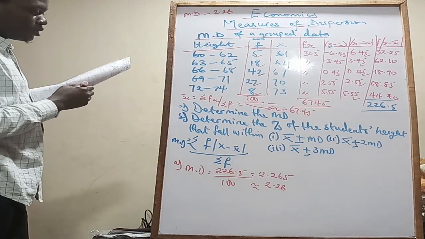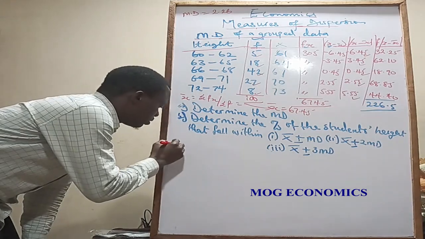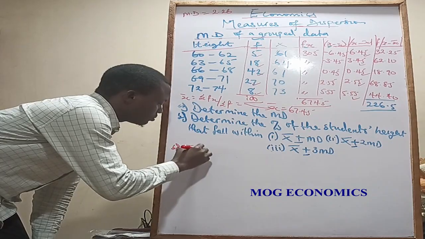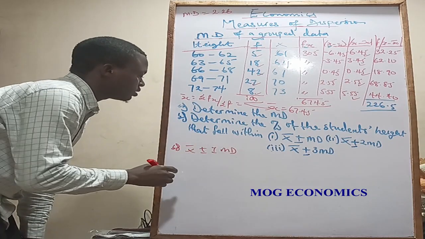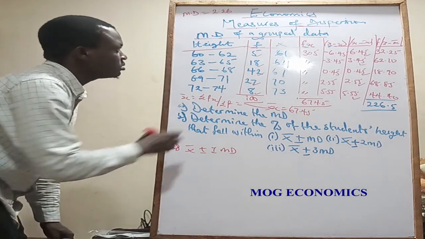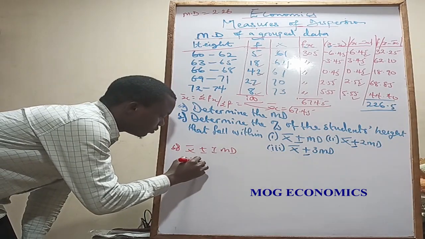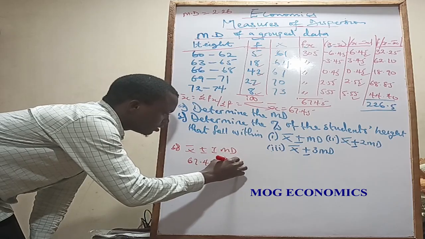So x bar plus or minus 1 mean deviation: mean is 67.45, so 67.45 plus or minus 2.26.